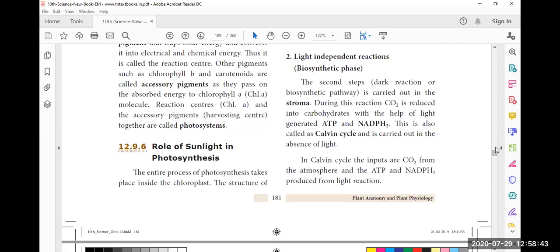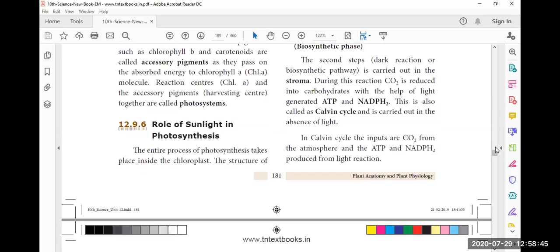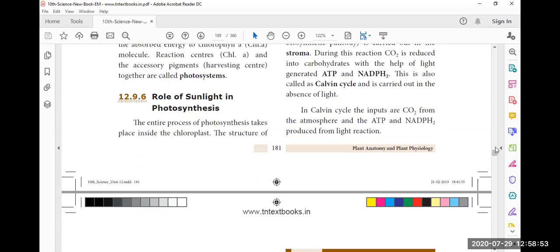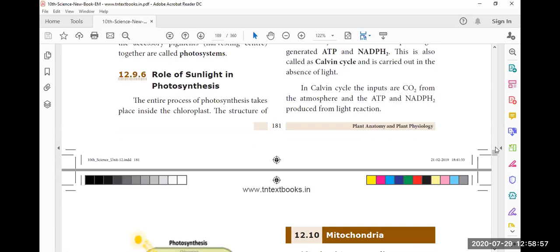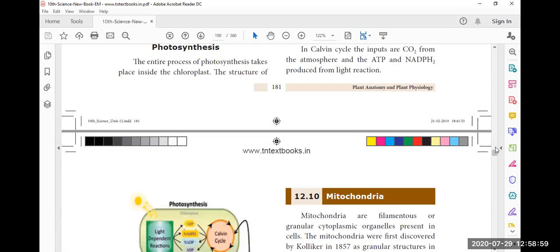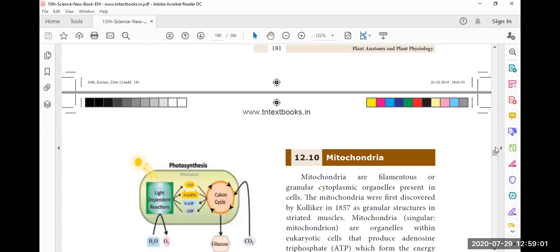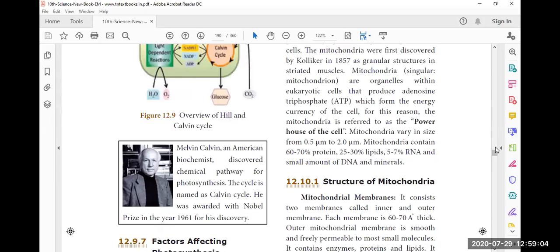In the Calvin cycle, the inputs are carbon dioxide from the atmosphere, obtained from the environment, and ATP and NADPH2 produced from the light reaction. These are combined to form glucose. Melvin Calvin, an American biochemist, discovered the chemical pathway for photosynthesis, so the cycle is named the Calvin cycle.